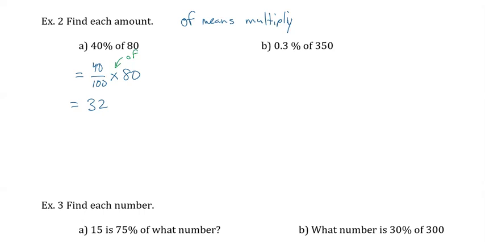Okay, 0.3% of 350, same thing. Some people think, oh, it's already a decimal. I'm going to show an extra step for this one. 0.3 divided by 100 is 0.003.